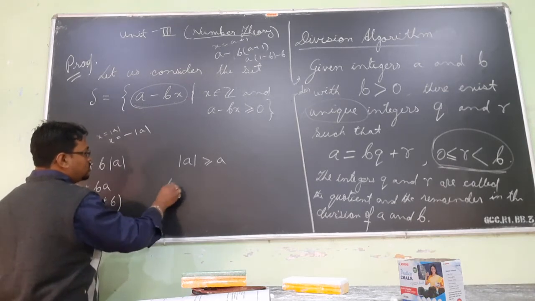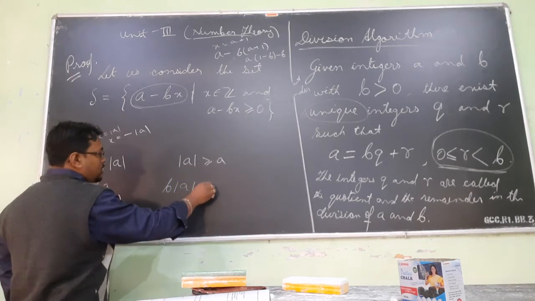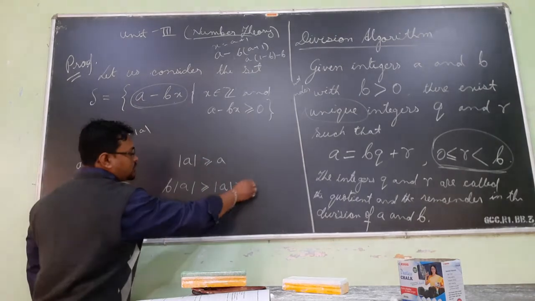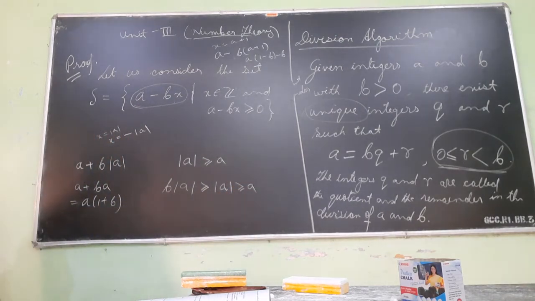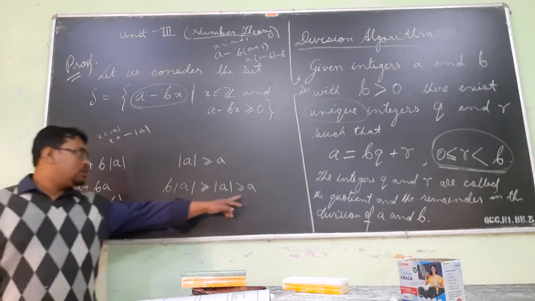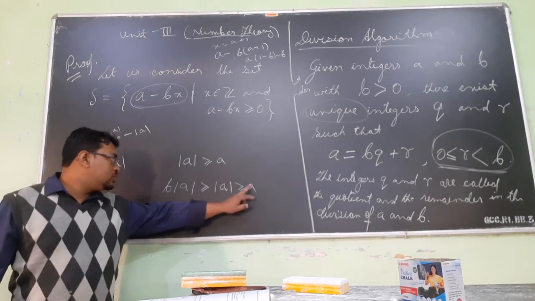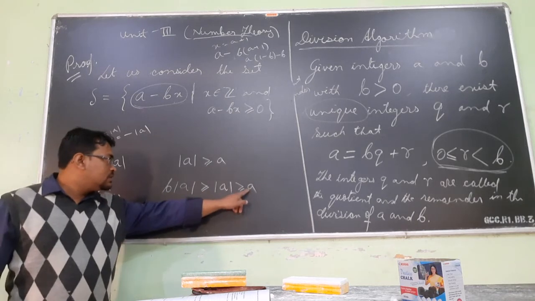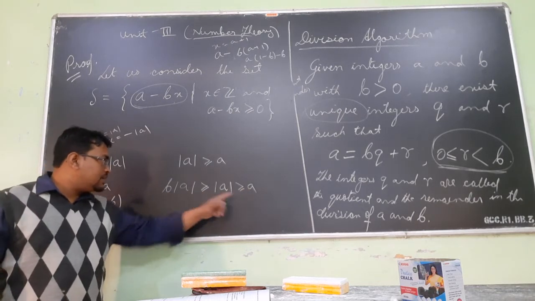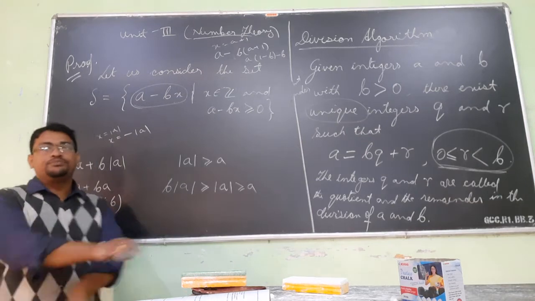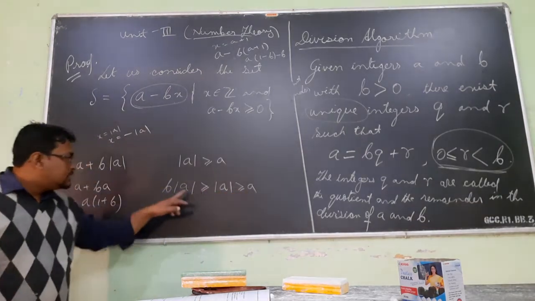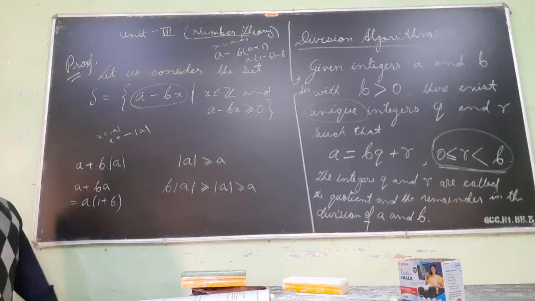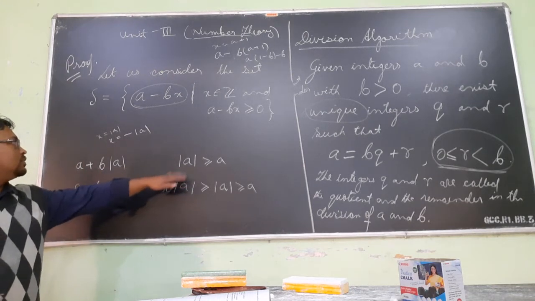So B into modulus of A will always be greater than or equal to modulus of A, and this is also greater than or equal to A. So ultimately, no matter what happens to A, positive or negative, this quantity is positive, and its absolute value is greater than or equal to A. So the sum of this and this is always greater than or equal to 0. So from here it will follow.